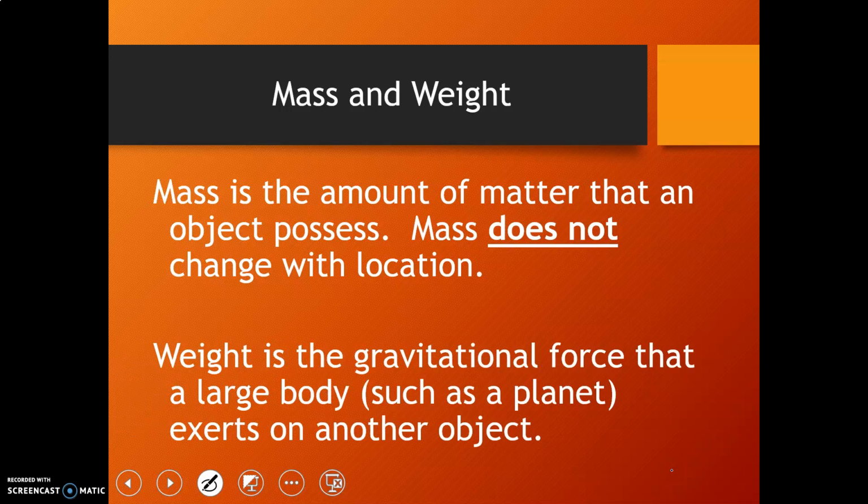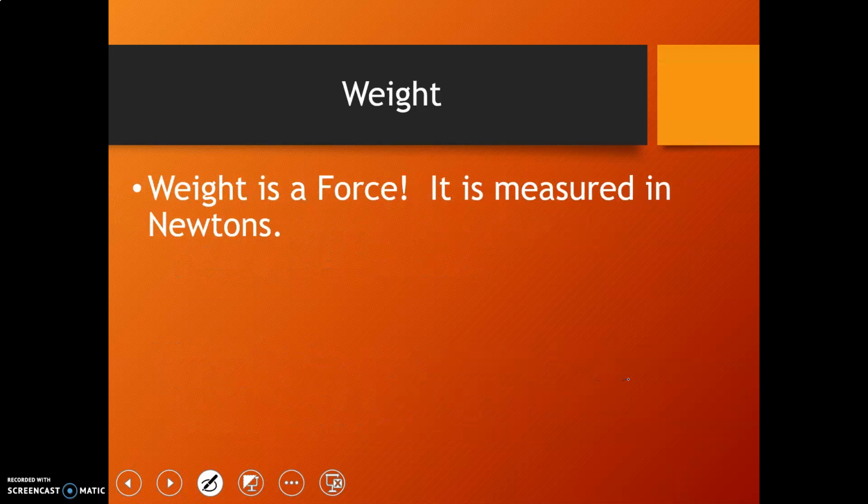However, weight is the gravitational force that a large body, such as a planet, exerts on another object. So we only have weight because gravity pulls us towards the center of the Earth. But if we went to a different planet, Mars or Jupiter, our weight would be different.